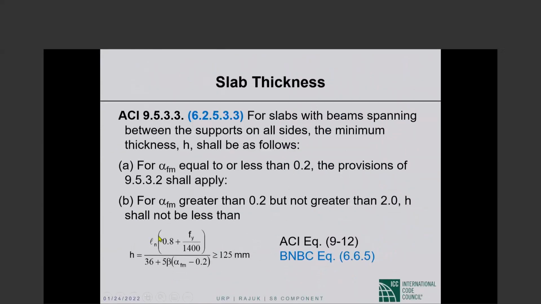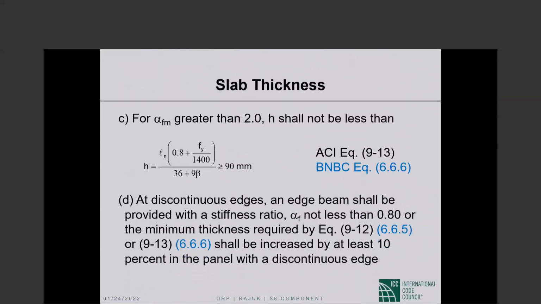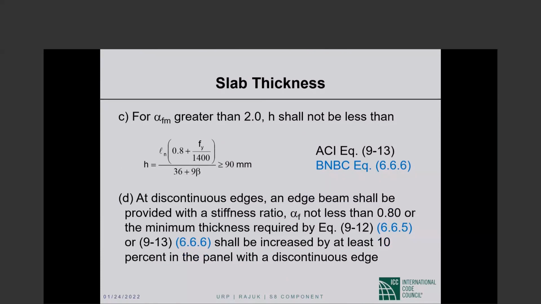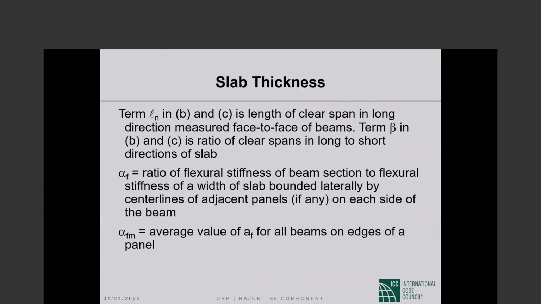Okay, so when we have this panel supported by beams of moderate stiffness at discontinuous edges, edge beam shall be provided. Discontinuous edges of the slab beam shall be provided with a stiffness ratio not less than 0.8, or minimum thickness required by that equation shall be increased 10%.